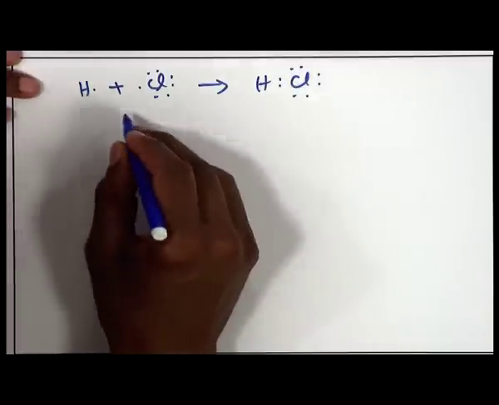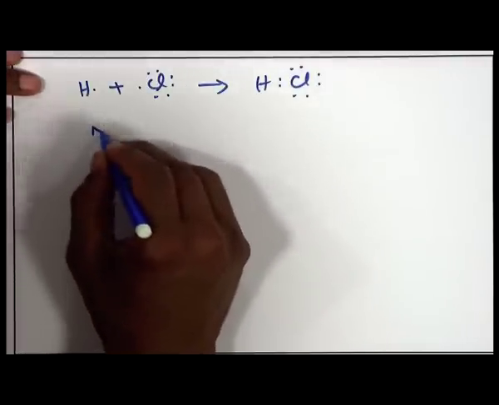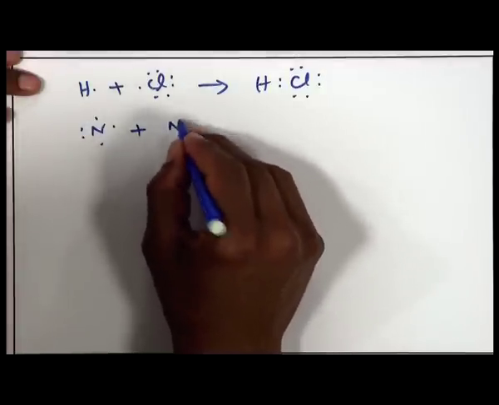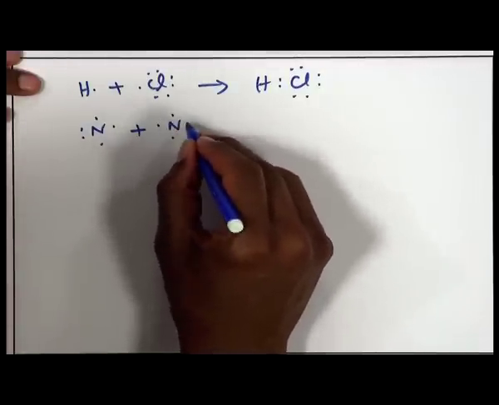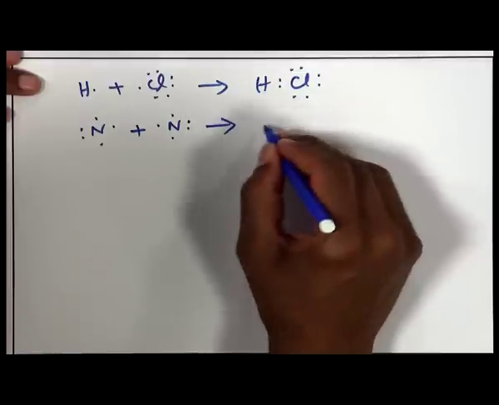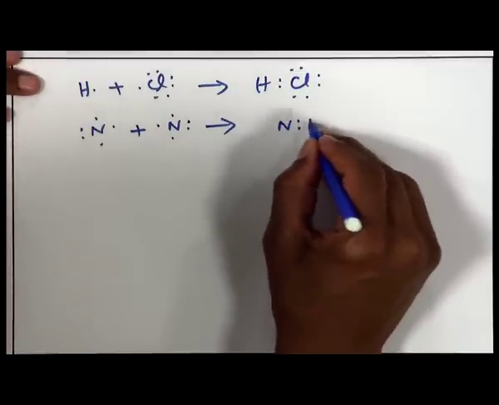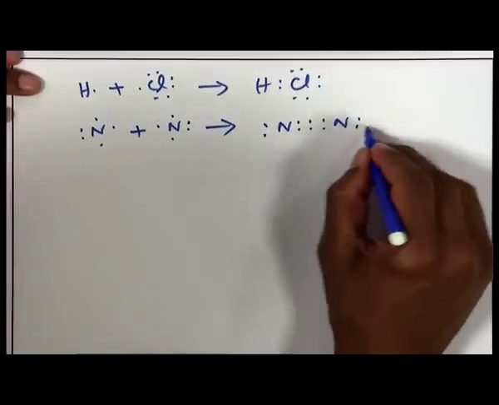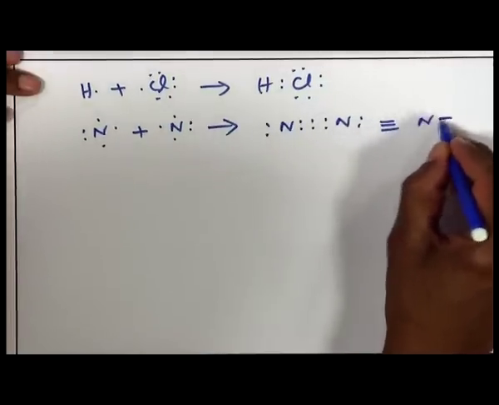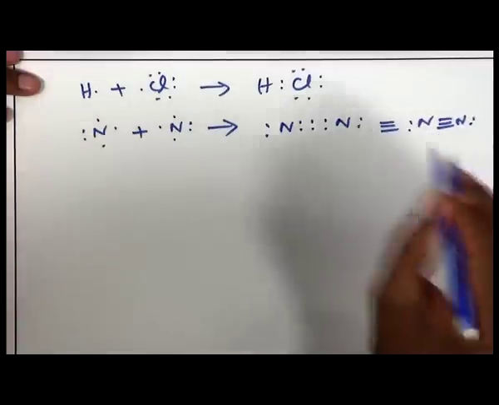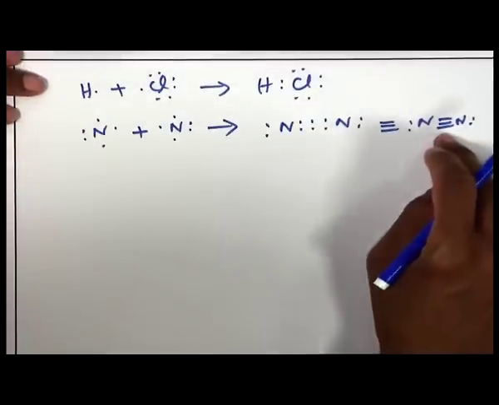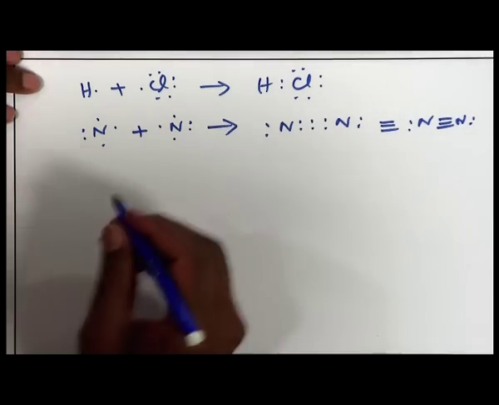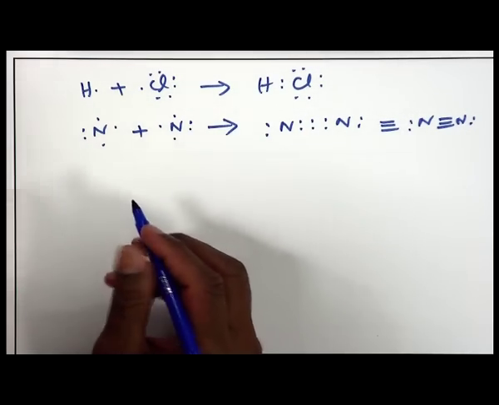Similarly, if you take nitrogen, 3 unpaired electrons are there. So one nitrogen atom can combine with another nitrogen atom having 3 unpaired electrons to give 3 bonds between the 2 nitrogen atoms. So 3 covalent bonds are formed between the 2 nitrogen atoms.